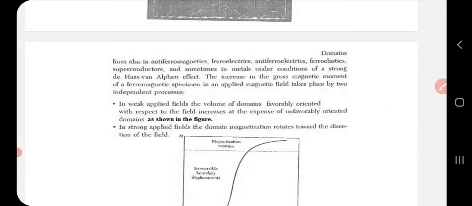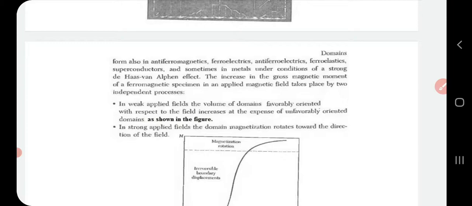Now, the increase in gross magnetic moment of a ferromagnetic specimen in an applied magnetic field takes place by two independent processes. That is, the development of magnetic moment in a ferromagnetic material. When you apply a magnetic field to a ferromagnetic material, it will get magnetized.